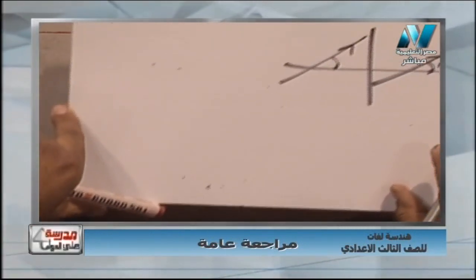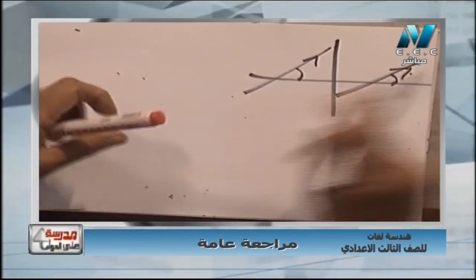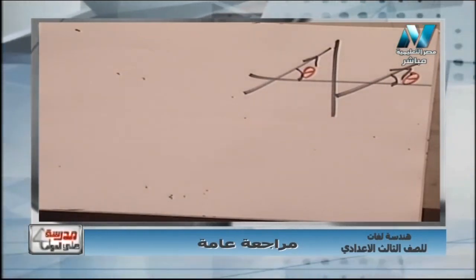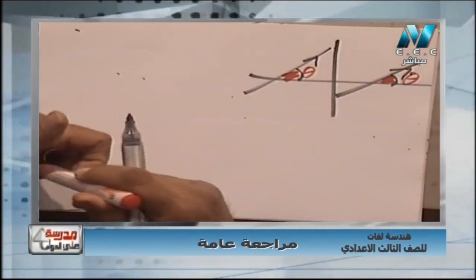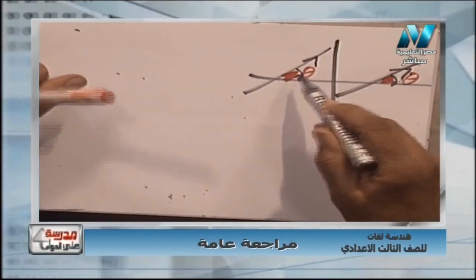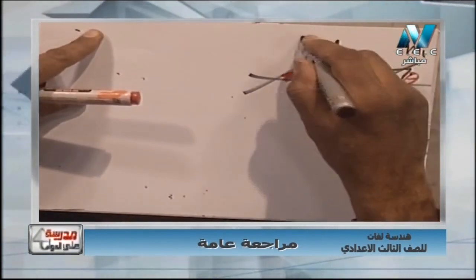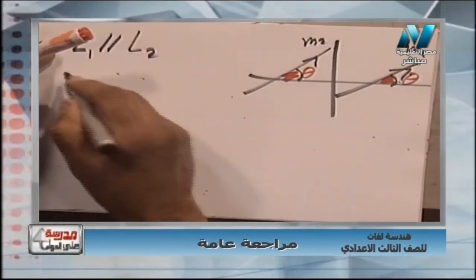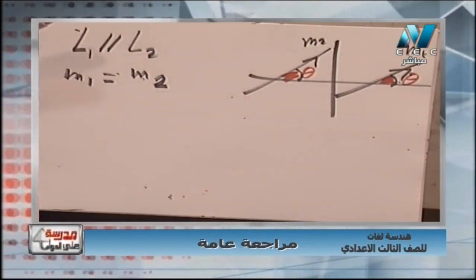If your 2 lines are parallel, then this angle theta and theta are the same angle because of corresponding positions, as you studied in first prep. So if theta equals theta, then tan of the first line equals tan of the second line, therefore M1 and M2 are equal. When we have L1 parallel to L2, then we get M1 equals M2. Very good.